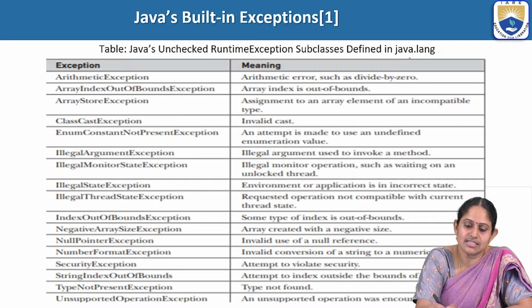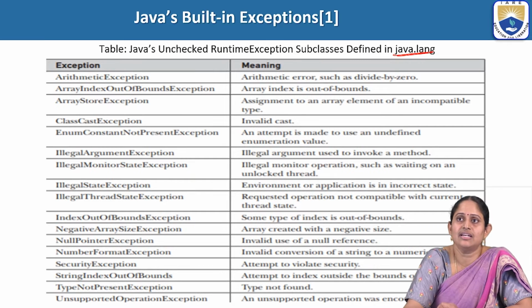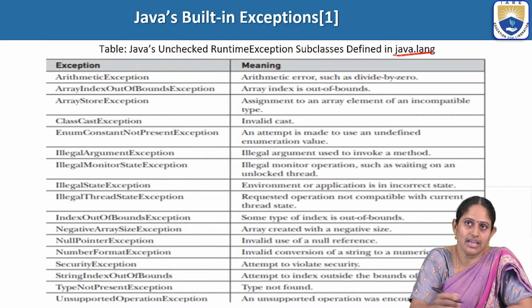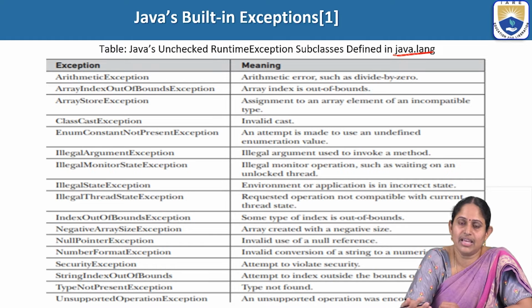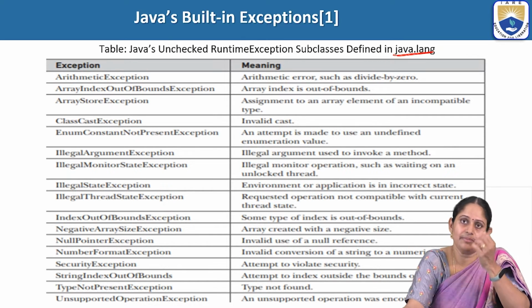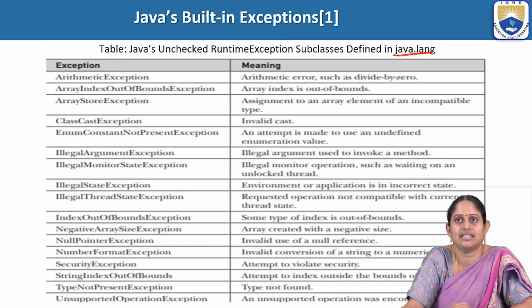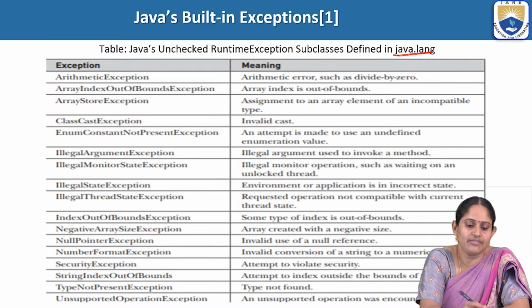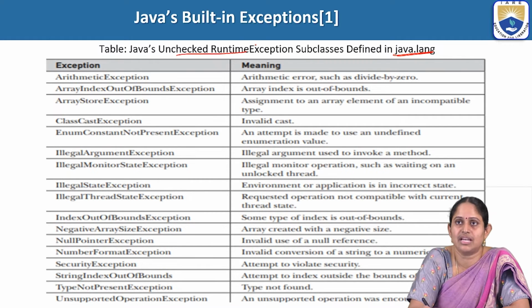All these exceptions are defined inside the java.lang package. So we have the checked exceptions and the unchecked exceptions, and we have Java's runtime exception classes defined inside the java.lang package.